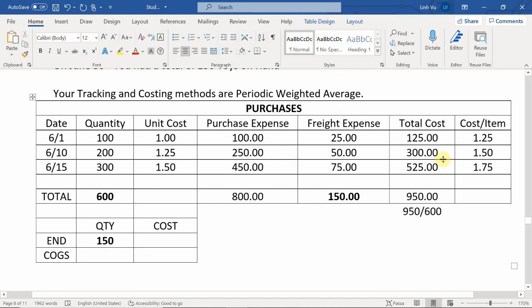In order to solve for that, it's going to be your 950 divided by your total quantity of 600, which should give you $1.5833. Is that what you said, Isabel? Yeah, 58.333. Oh, 583. Yep. There you go. Perfect. So good.